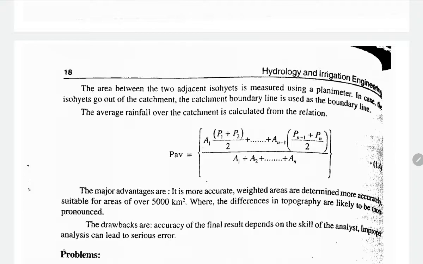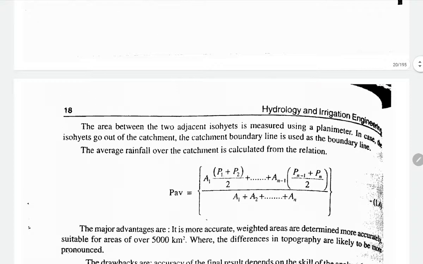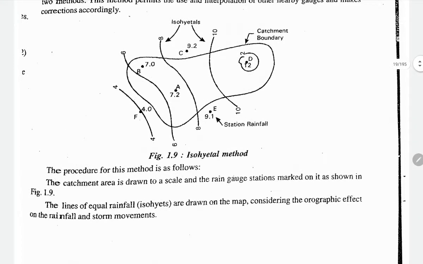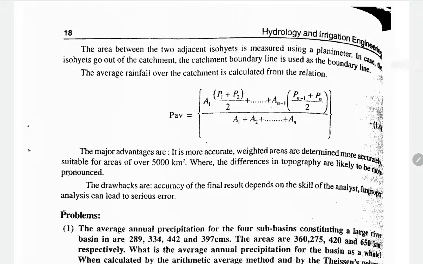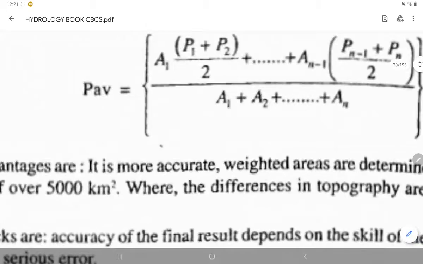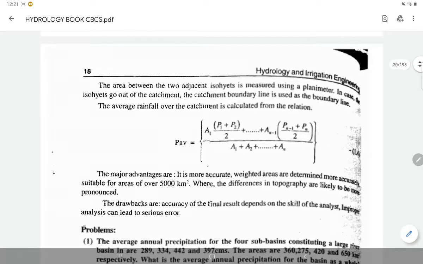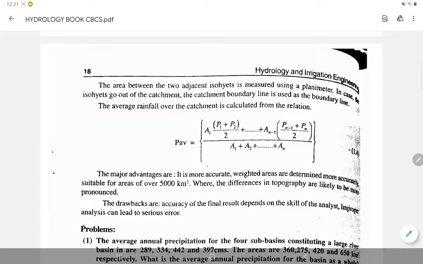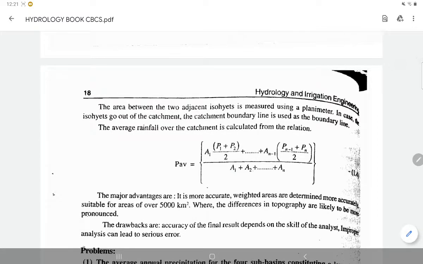The average rainfall of nearby stations will be taken: first P1 and P2 with area A1, plus the next one, up to An minus 1 times (Pn minus 1 plus Pn) divided by 2. The total is divided by the total area, A1 to An. In this way we will be calculating the average rainfall.